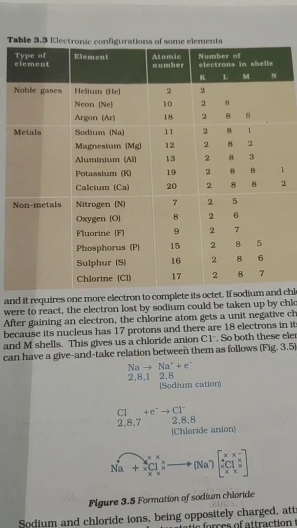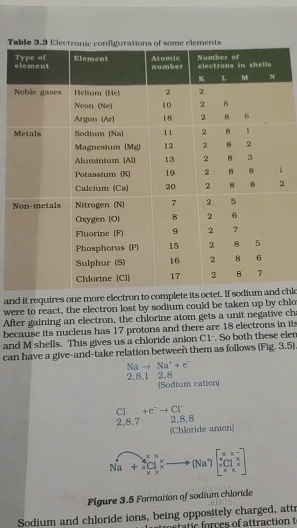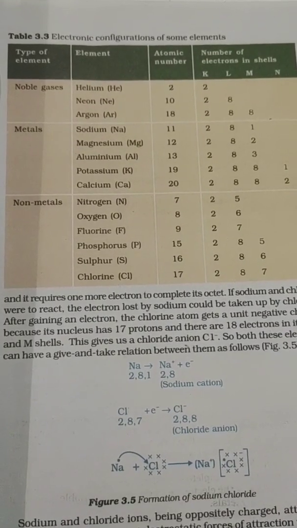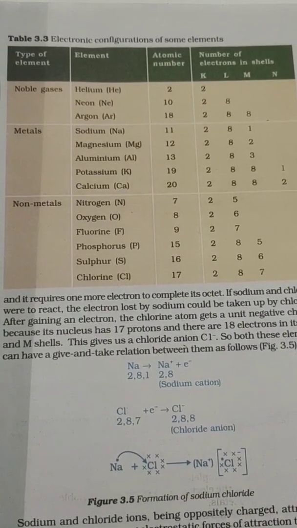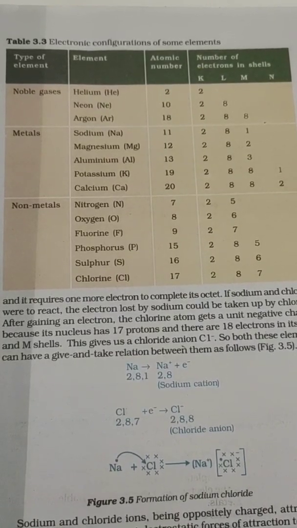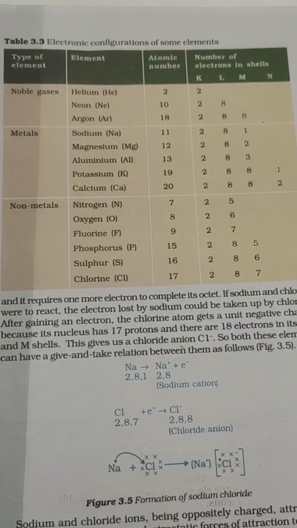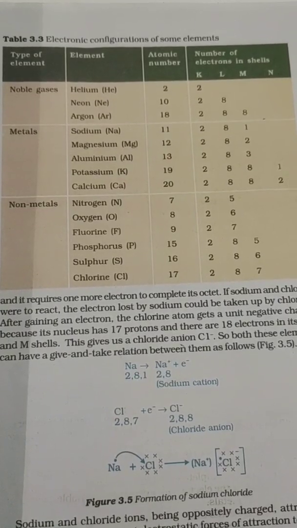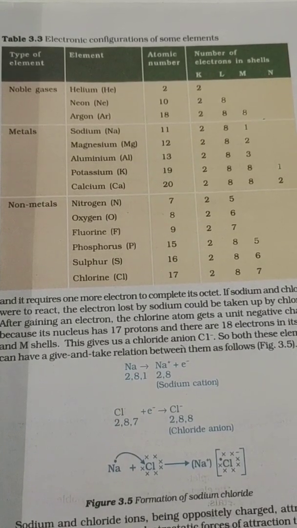So without wasting much time, I would like to explain that in all these three noble gases, we see they have the full number of electrons supposed to be in the outermost shell.